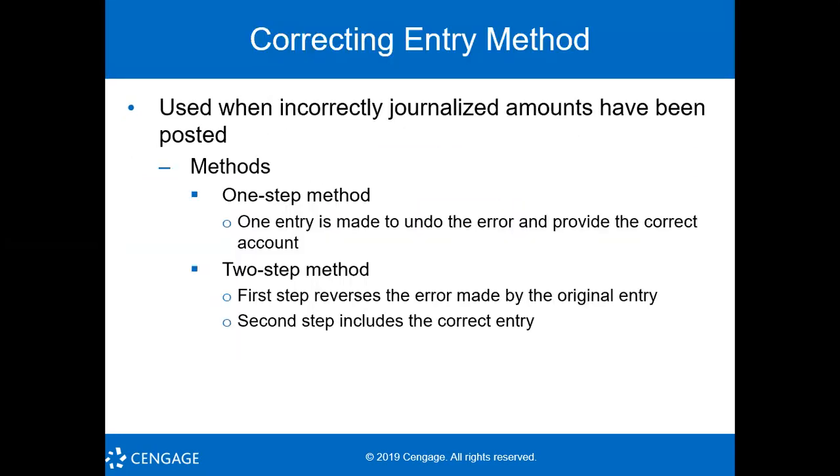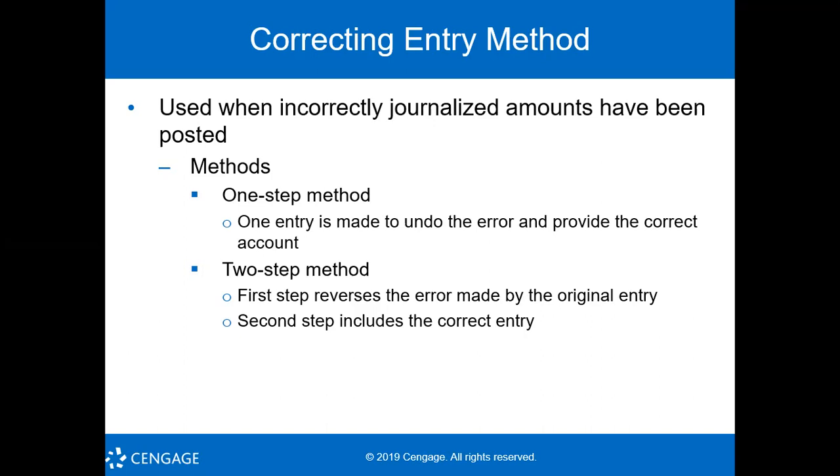The correcting entry method, again, depending on what type of error it is, we can either do the correcting entry in one step or two steps. I'll be honest with you guys, whenever I have made errors in the past, I always like to do the two-step method, because as we're going to see, the first step is to do a reversing entry to basically put the accounts back where they were supposed to be.